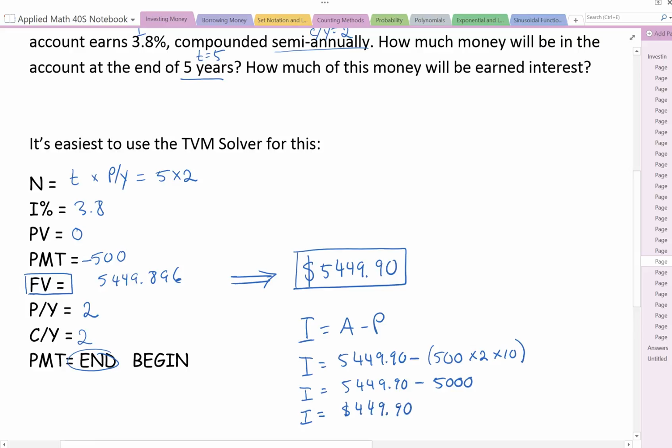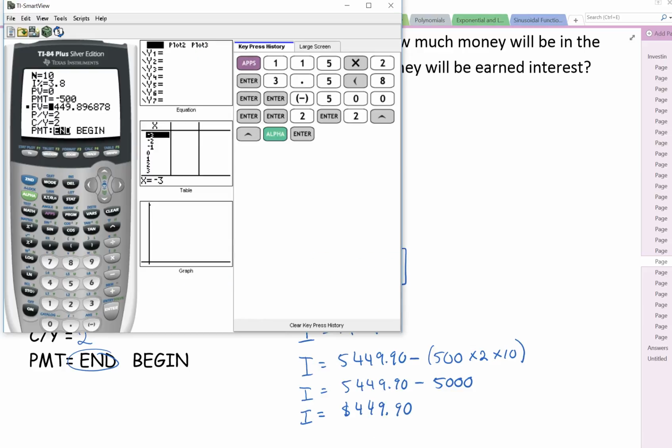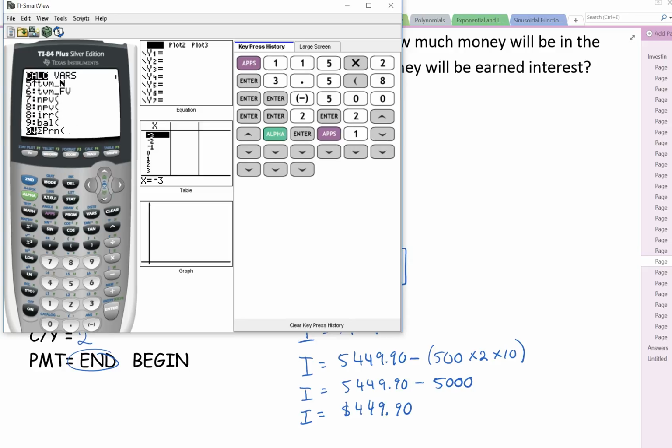$449.90. Now another way of doing that, again, we can go in and use our sum of the interest. So if I go back to apps, finance, and scroll down, we've got our interest here, enter, and that's going to go from 1, and in this case you're going to put in the 10, that's your n value, enter, and we'll get that same amount, $449.90.